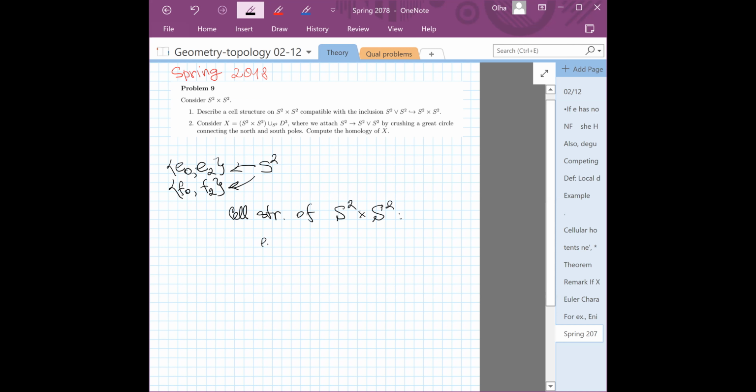First of all, we're going to have a 0 cell, which is the product of our 0 cells. Then for 2 cells, we're also going to have 2 products now.